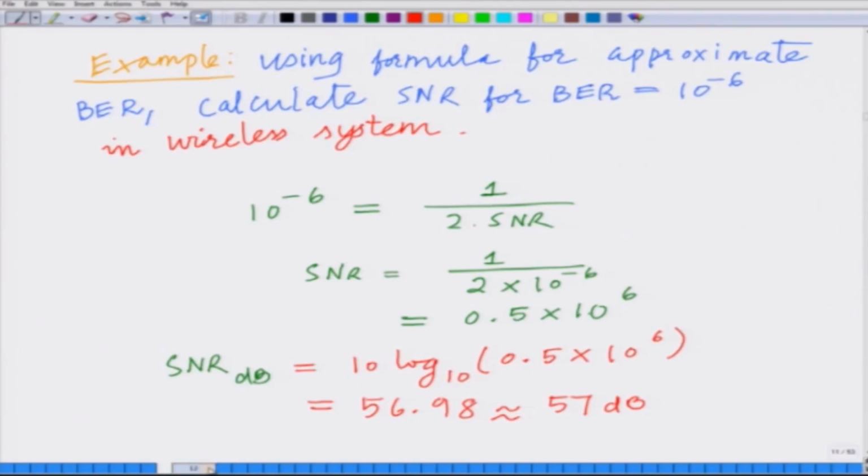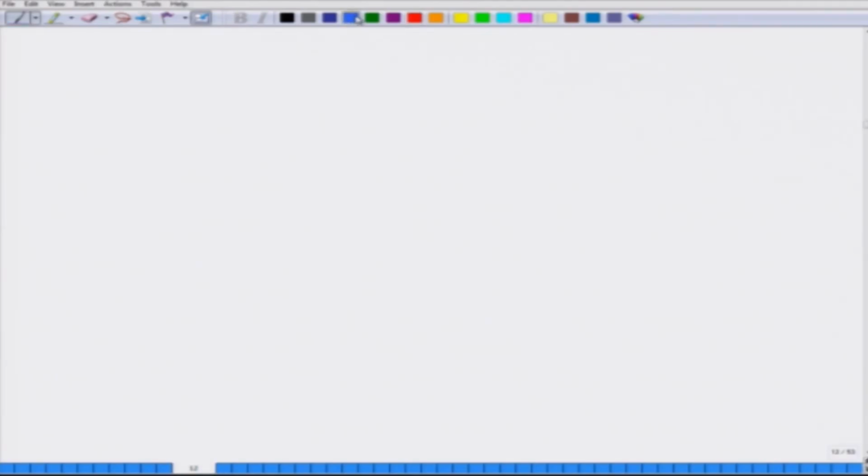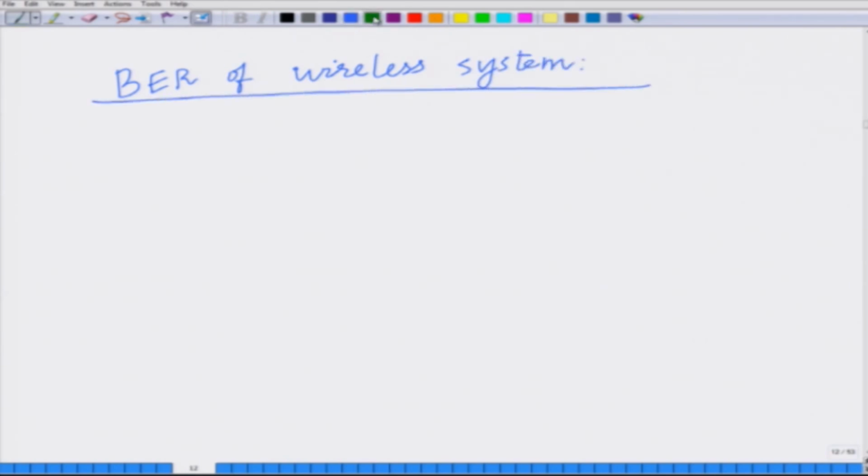So, therefore, we have two expressions for the bit error rate of a wireless communication system. So, in this module let us summarize the bit error rate of a wireless system. The first formula is the exact formula.